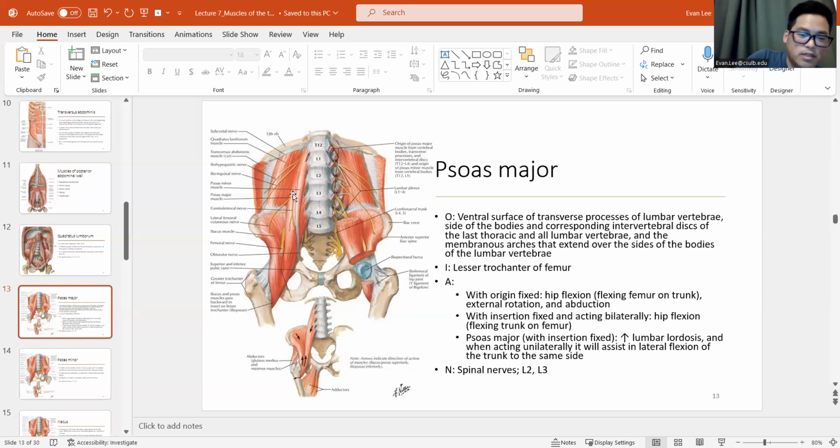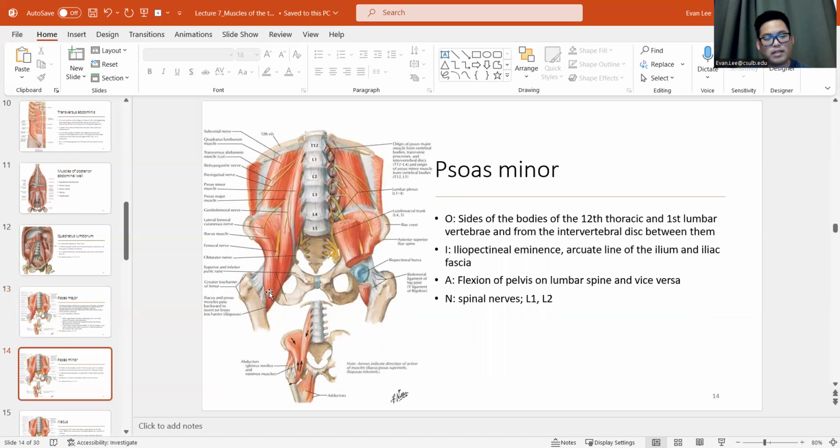It is connected to the lumbar vertebrae to some extent, but it is not going to stop at the iliac crest. It is going to go all the way down to the femur at the lesser trochanter. This muscle we've talked about, so I don't think we need to go over it too much again, but this is going to be largely a hip flexor.